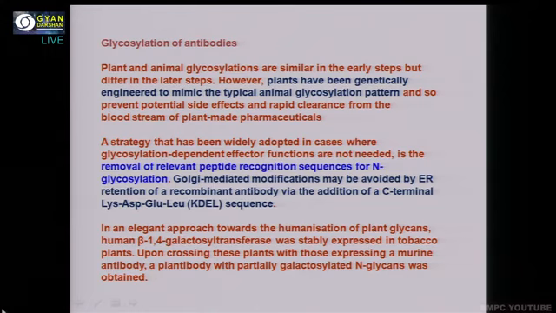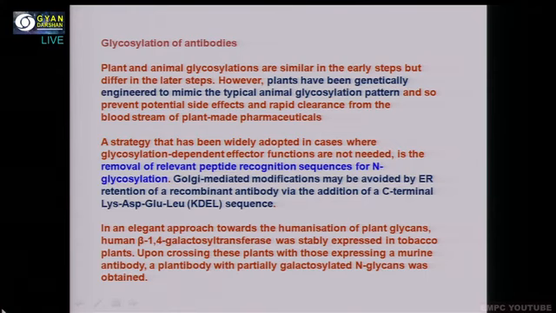Moreover, sometimes you need to avoid or eliminate this probability of glycosylation, and therefore sometimes the peptide recognition sequences for N-glycosylation need to be removed. Also, sometimes you remove these chances of modification by including certain sequences, like as I've shown here, the KDEL sequence.